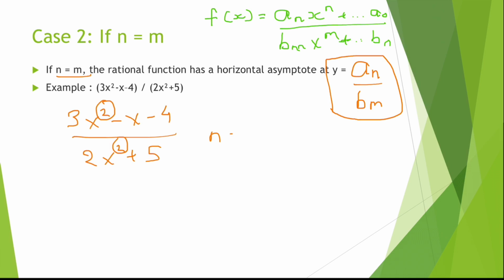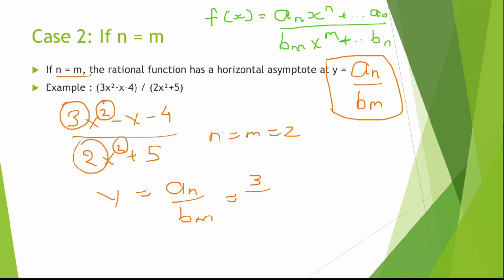Since n is equal to m, which is equal to 2, our horizontal asymptote will be an by bm, which in this case is the leading coefficient of the numerator's x squared, which is 3, upon the leading coefficient of the denominator's x squared, which is 2. So we have a horizontal asymptote at y equal to 3 by 2.